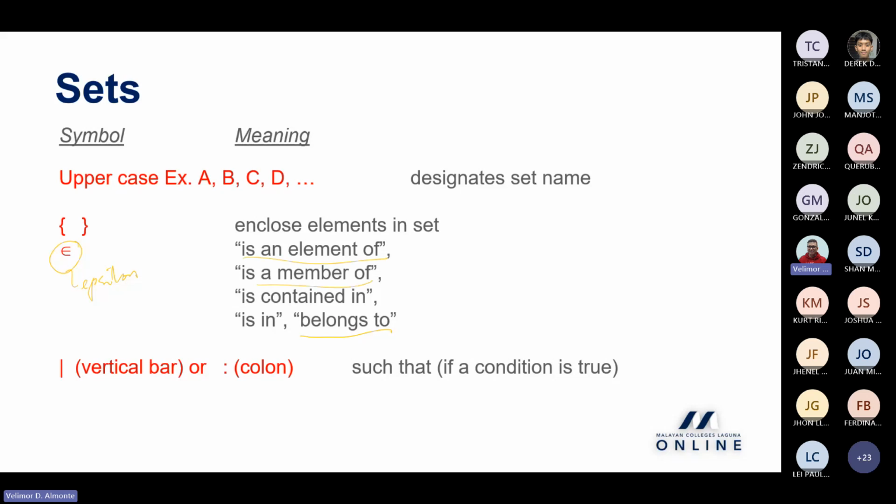When you see that symbol, read it like it's a phrase in words. The vertical bar or pipe symbol is used when you are declaring an element inside a set, usually for declared rules. I'll show you later. Or instead of that pipe symbol, you can use a colon. That is to replace the phrase such that.